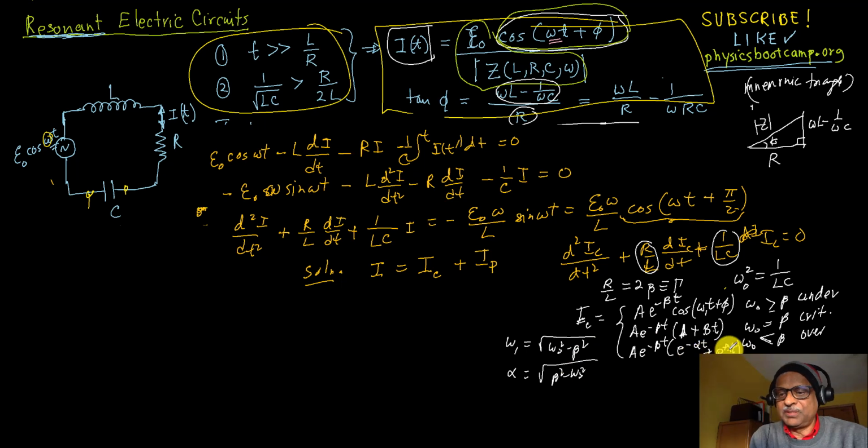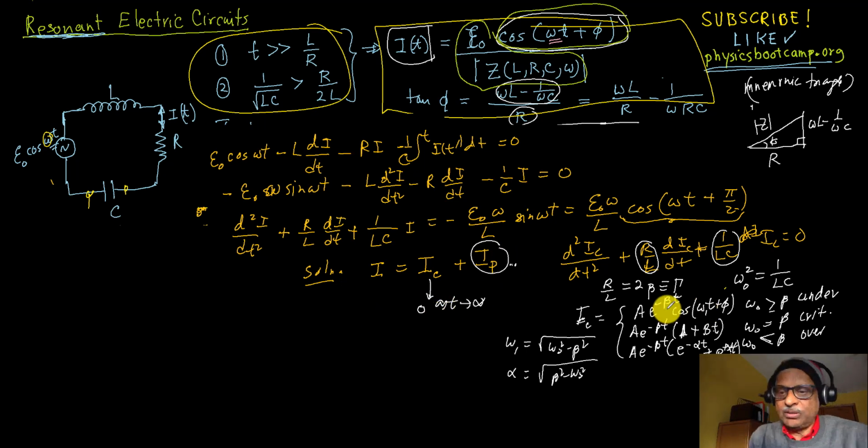This is exploding and this is decreasing, but it's not exploding faster than this is decreasing. So in all of these cases this goes to 0 as t goes to infinity. Well, the under damped one, we'll see, never goes to 0 in the driven case; that keeps oscillating, but this goes to 0 as t goes to infinity.